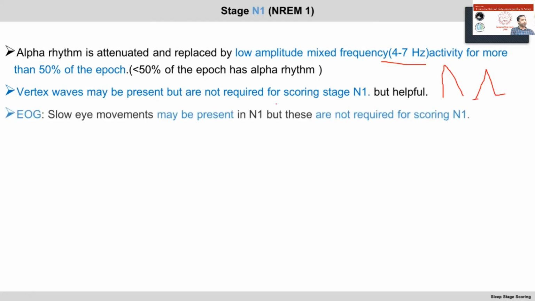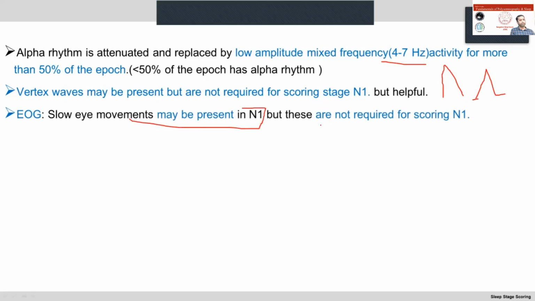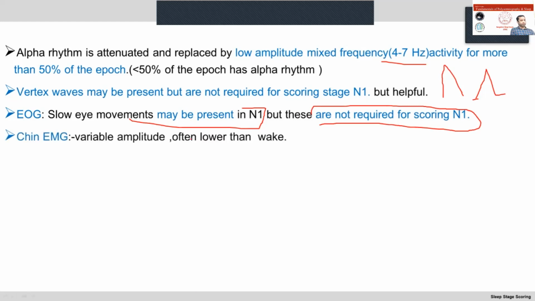Okay. So slow eye movements may be present in N1, and these are not required for scoring N1, but they are helpful. If you find nothing, go for EOG. If slow eye movement is there, low amplitude frequency is there, most probably it's N1. So chin EMG is variable amplitude, often lower than wake.